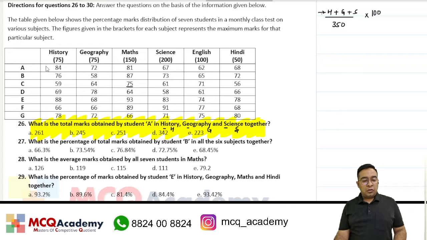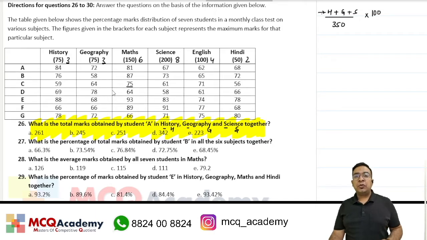So dividing all of these maximum marks by 25, I get 3 for history, 3 for geography, 6 for maths, 8 for science, 4 for English and 2 for Hindi.